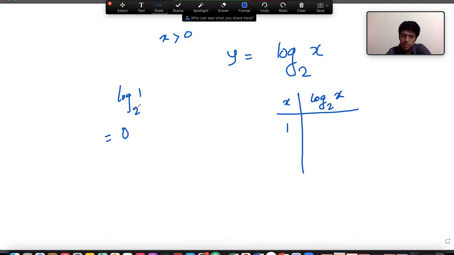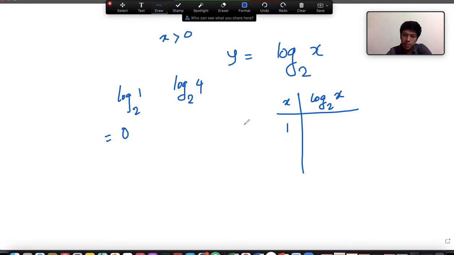The reason is this is how we calculate a log. Suppose I say log base 2 of 4, which equals what? The way we calculate it is: what power of 2 will give us 4?